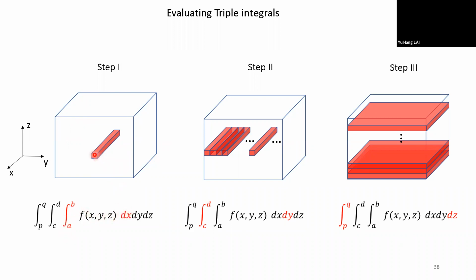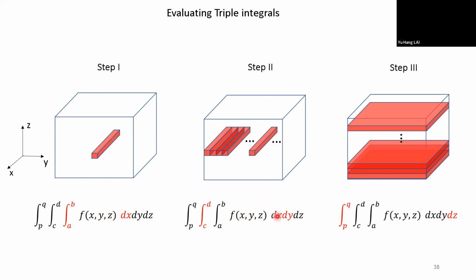Considering along this line, we do the integral for this function. You could imagine that at each point in this line I have different values for the function, so I need to do this integral.